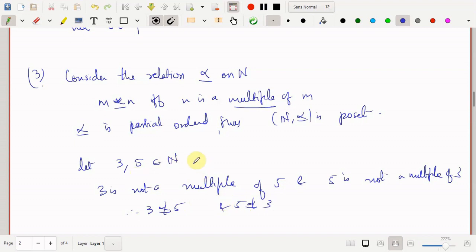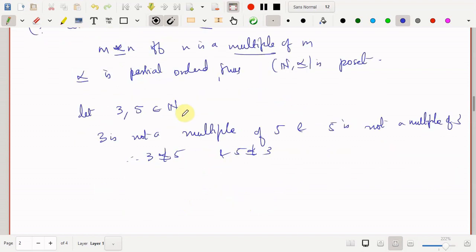So we could find a pair in N cross N such that the pair is not related either way, and therefore I can say that N with this relation is not totally ordered.